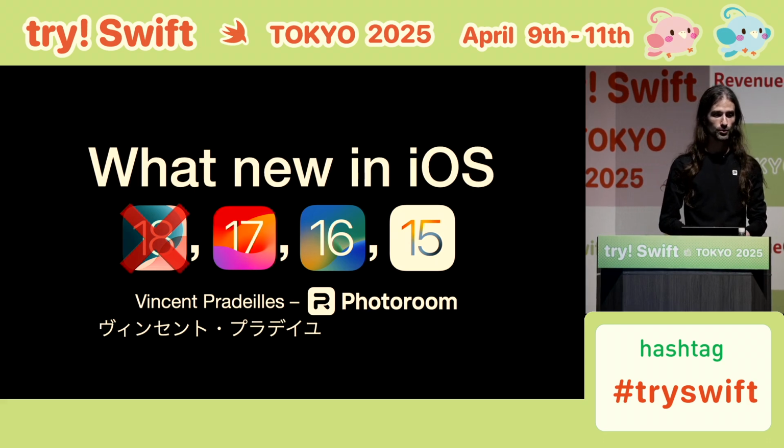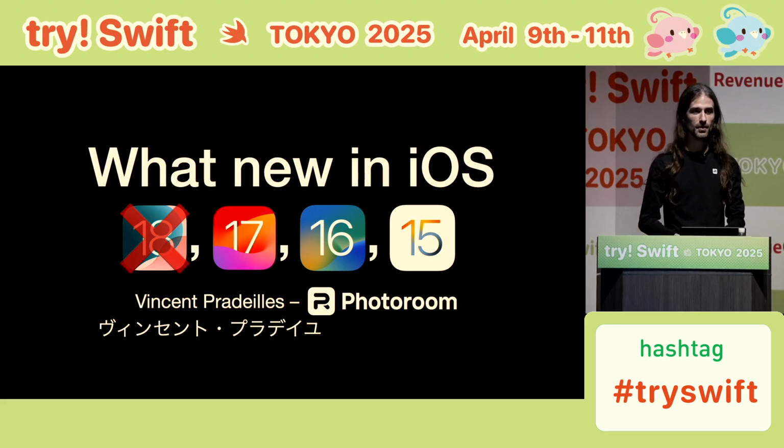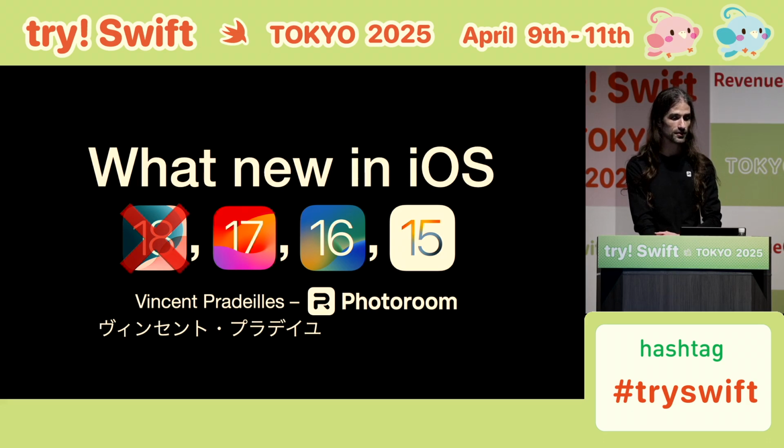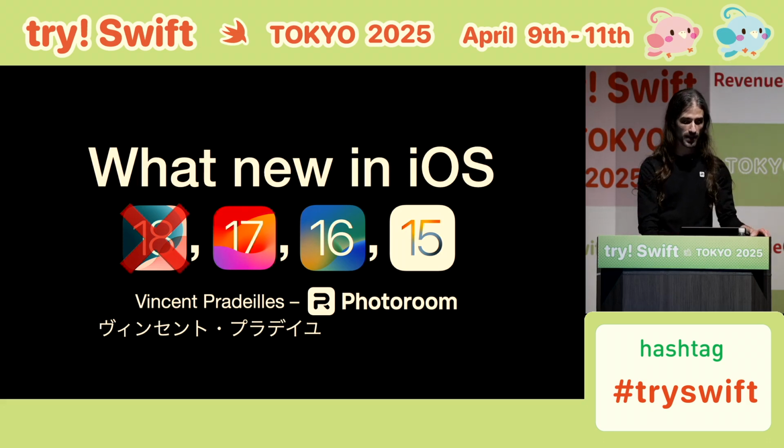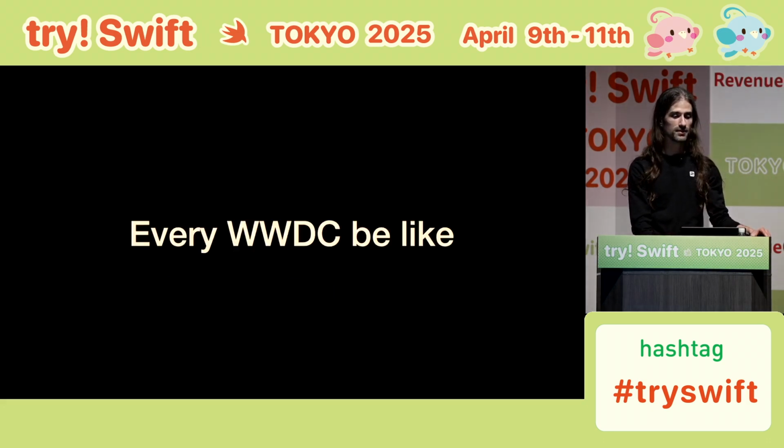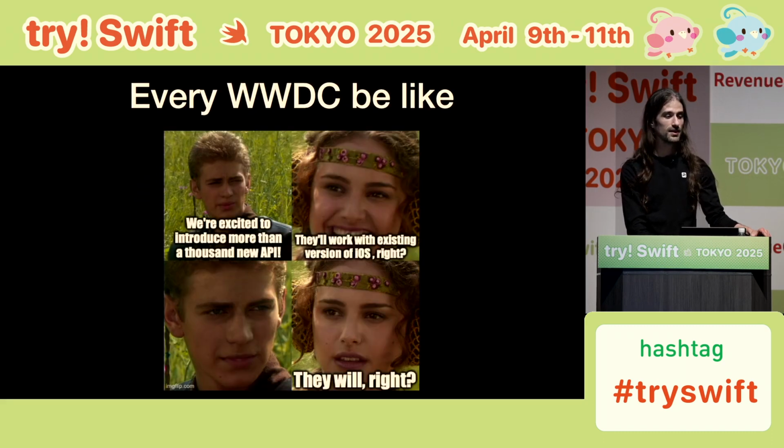Today I want to talk to you about what's new in iOS, but not iOS 18, but rather iOS 17, 16, and 15. So why this topic? It's because every WWDC is basically like this. You see cool new APIs being introduced, you're excited, but you can't use them because you need to support the current OS, the new OS, and only that one.